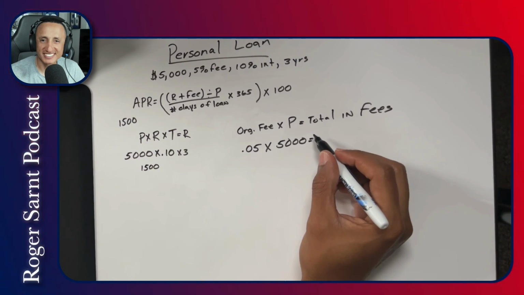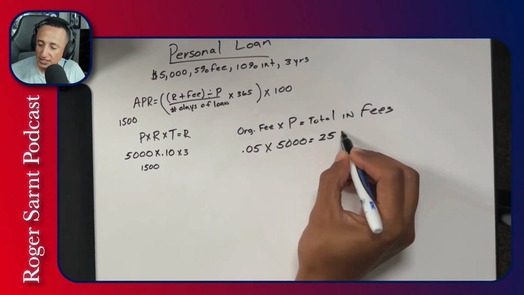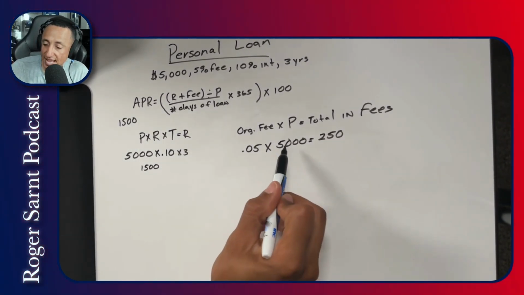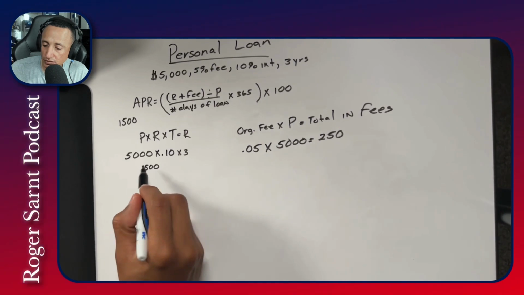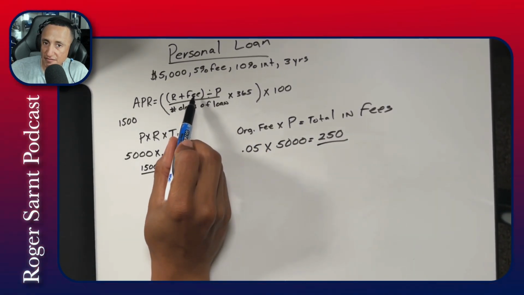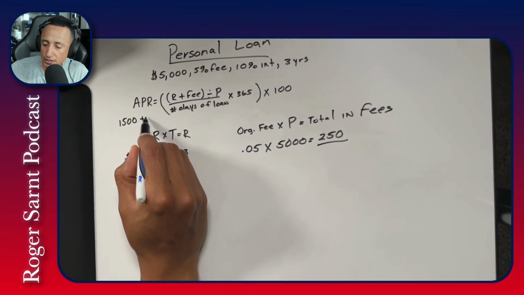Don't worry. I'll wait. All right, and that's going to be $250. So now I know what my fee is, so I can plug that in. Let's go ahead and put a 250 there.